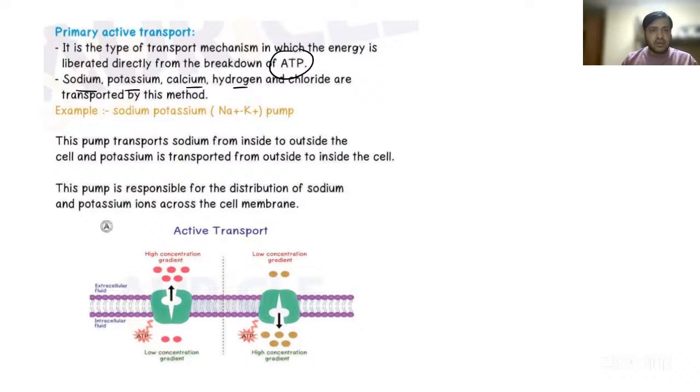Now, what is this pump? Basically, the sodium potassium pump is one of the most well known examples of active transport.